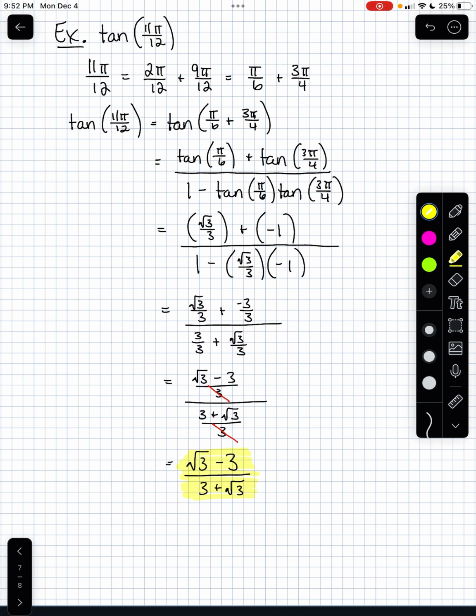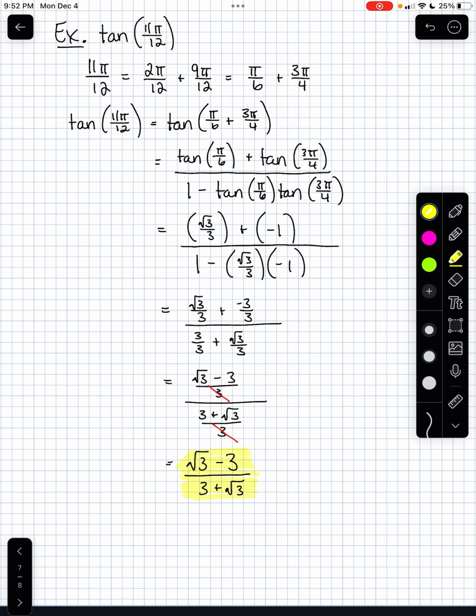So again, these formulas are not perfect. They are still somewhat limited, but they do expand our ability to do other angles. There are further formulas in trigonometry that will allow us to do yet more angles, as long as we can write them, again, as certain combinations of other angles.